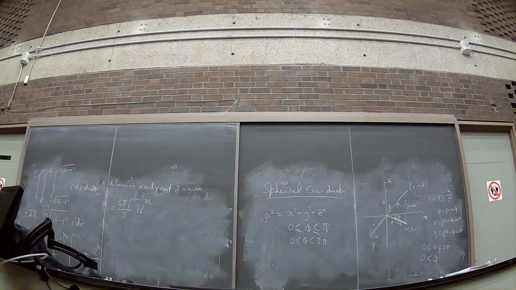And this is Z. This is a right angle triangle. This is rho, this is Z, and this is phi. What is the relation? Shoulder, finger, right angle. Where's the right angle? Here.